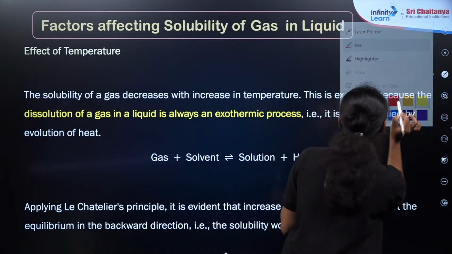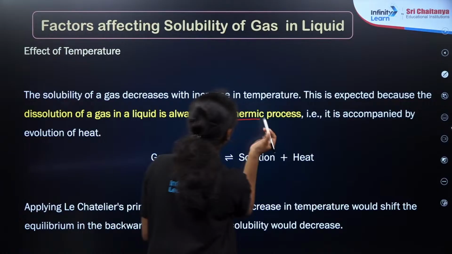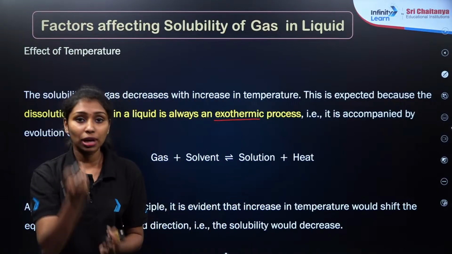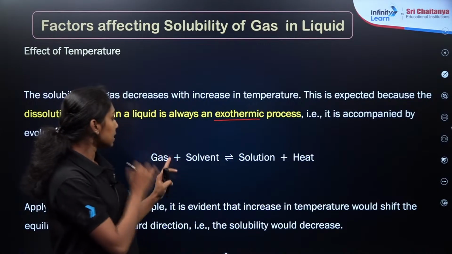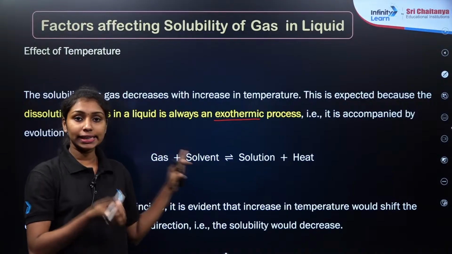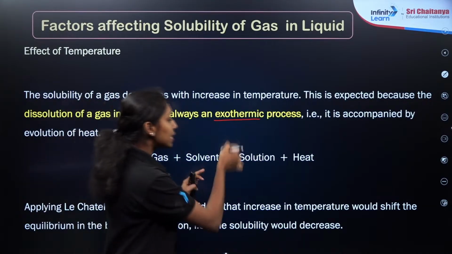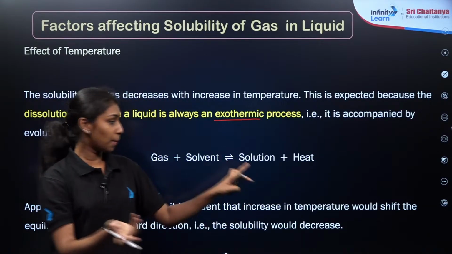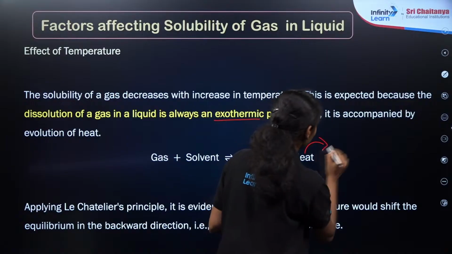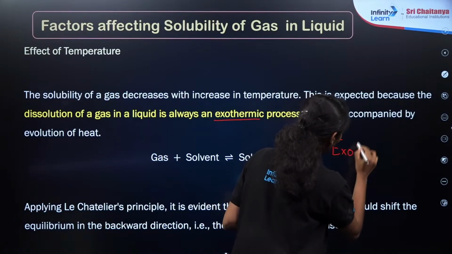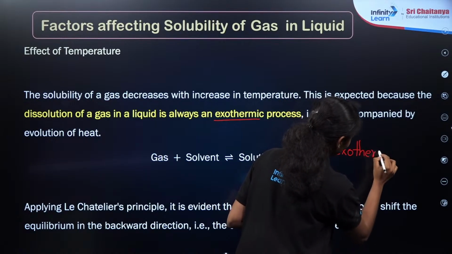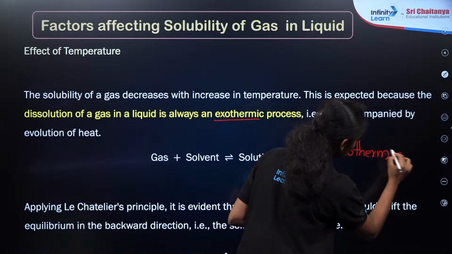So you need to keep in mind that this process is always exothermic, which means that if you are preparing the solution by adding gas solute in liquid solvent, you will get the solution by releasing heat, which means an exothermic process. So now we can predict how the temperature is changing here.